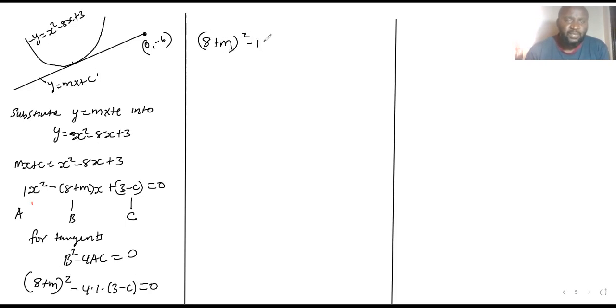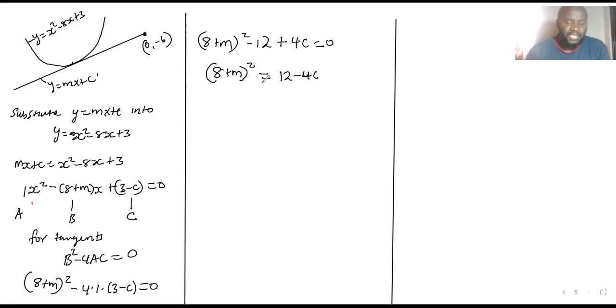So with this, you shall have (8 + m)² - 12 + 4c = 0. Therefore, (8 + m)² = 12 - 4c.